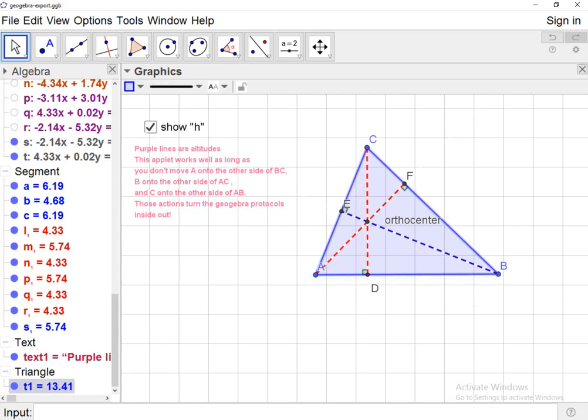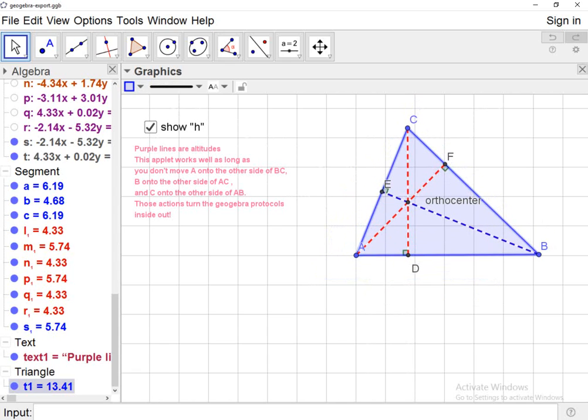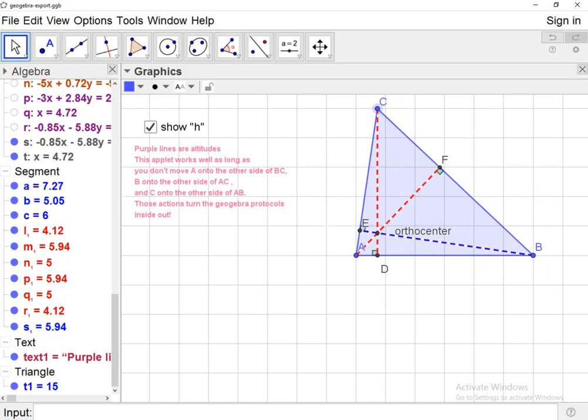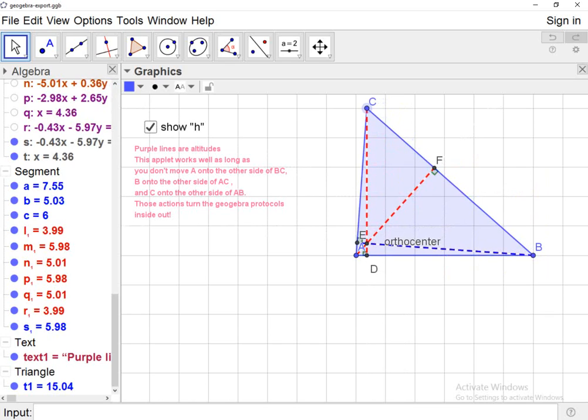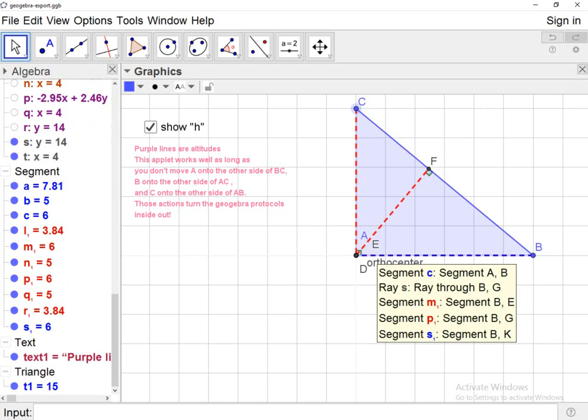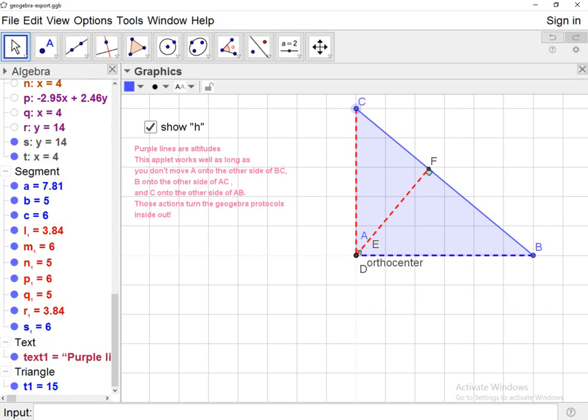If that's the intersection of perpendicular segments, from one point perpendicular to the opposite side, where is your orthocenter going to be in a right triangle? The right angle. So in a right triangle, your orthocenter is the right angle.